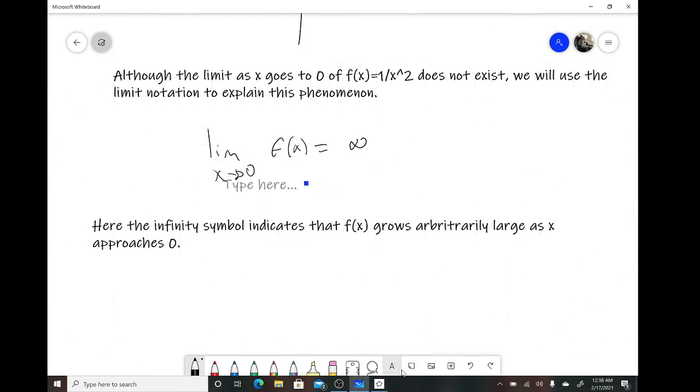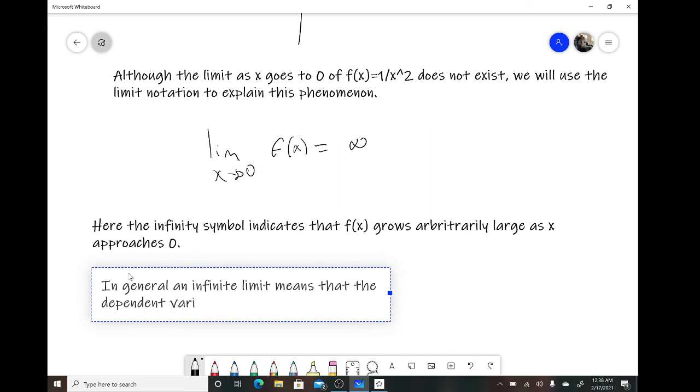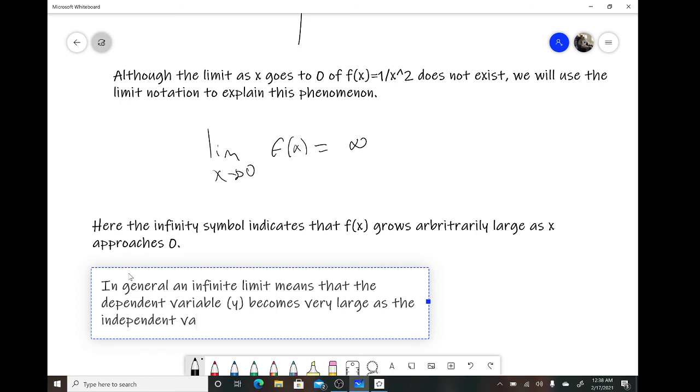So in general, an infinite limit means that the dependent variable, remember the dependent variable is the output, often we just call it y, becomes very large as the independent variable, which we typically call x, approaches a finite number.